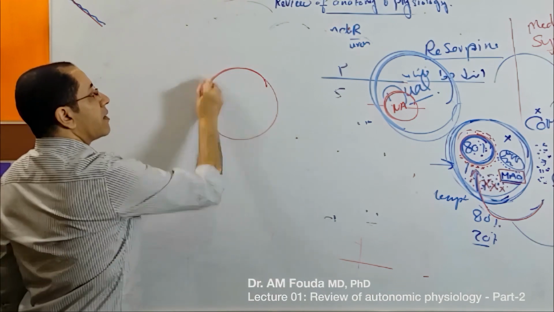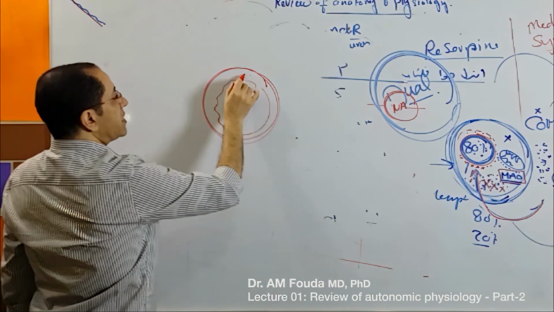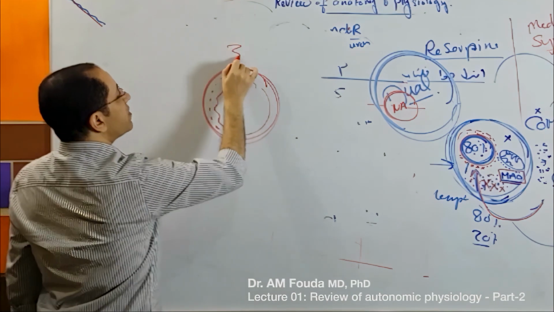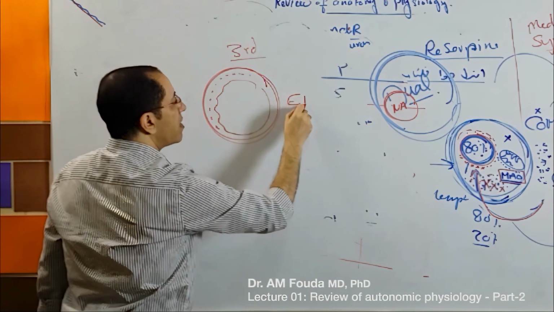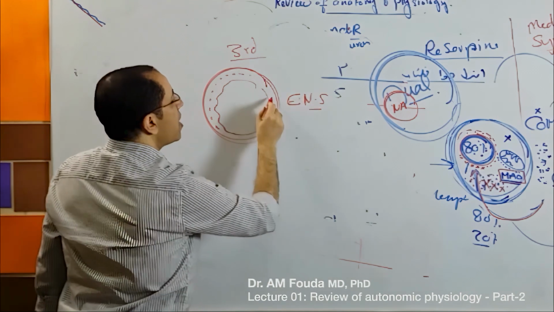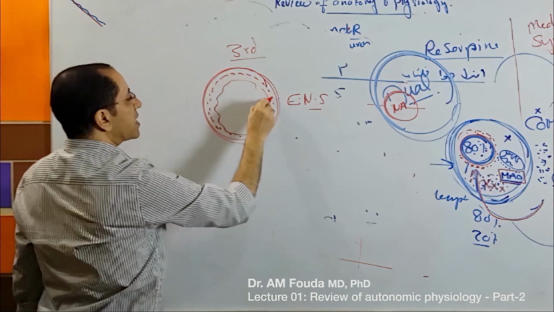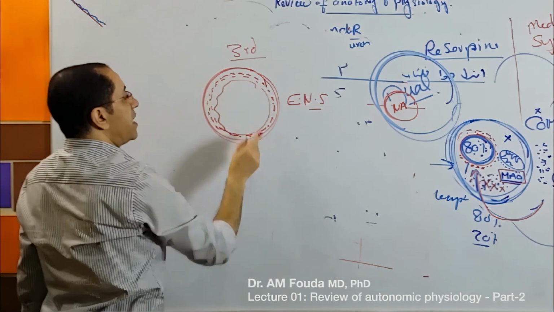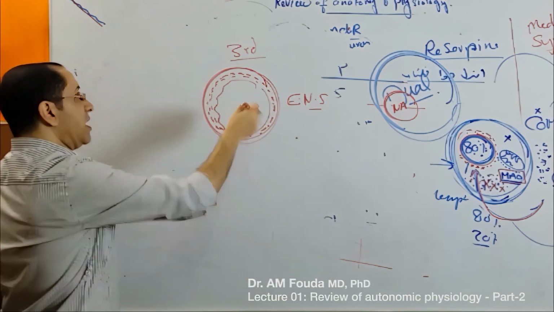Imagine this were a cross-section in the intestine. Here we have a third division called the enteric nervous system, composed of a collection of neurons inside the Meissner plexus of nerves present inside the intestine. Indeed, the intestine receives both sympathetic and parasympathetic.